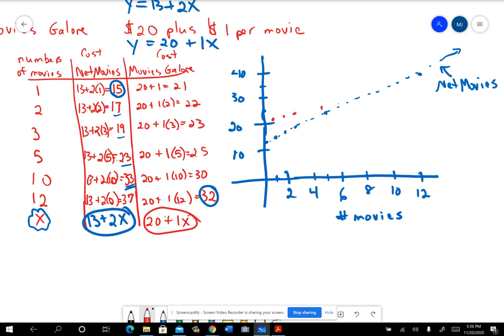I'm trying to get it. 7 movies would be 27. Okay. 8 movies, I don't know. Let me go all the way to 10. 10 movies is 30. And that's supposed to be less than the other one. And 12 movies is just at 32. Okay. And so here's that one.